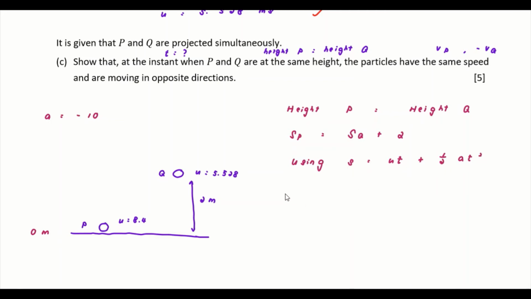The U is 8.4, so 8.4T plus 1 over 2 times negative 10 times T squared equals SQ. So SQ is 5.528T plus 1 over 2 times negative 10 T squared, and we have the plus 2.